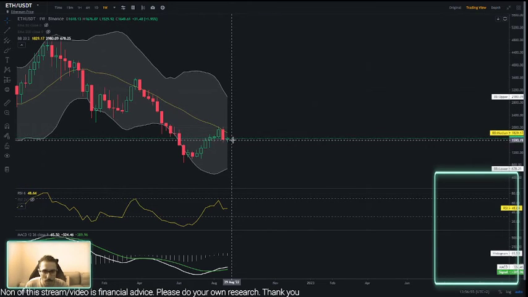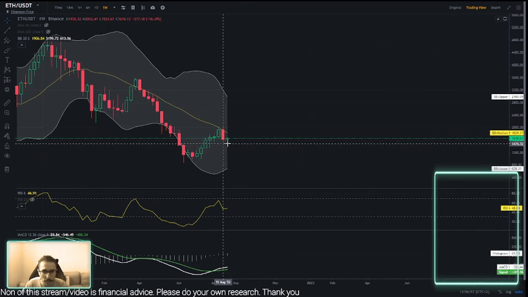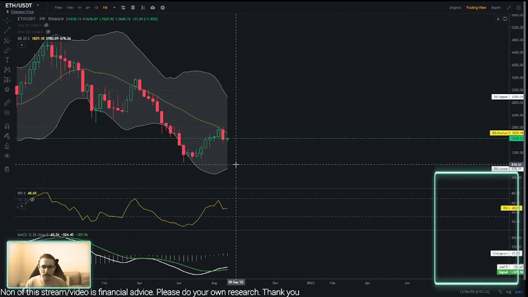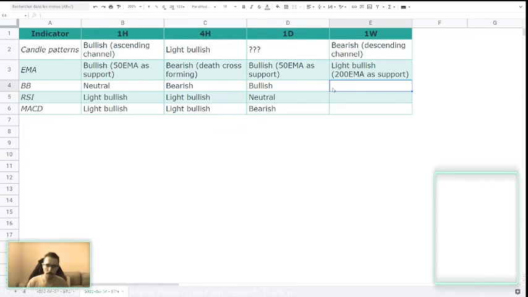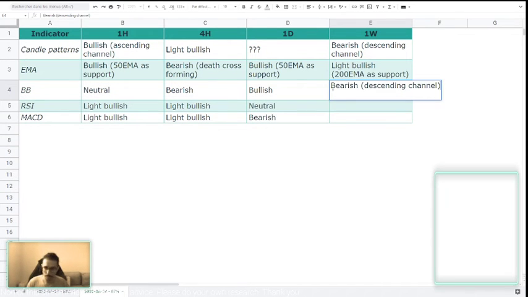So we might see some downside here, if we refer at least to this Bollinger Band analysis, right? So bearish. Nope, no descending channel here, remember that.